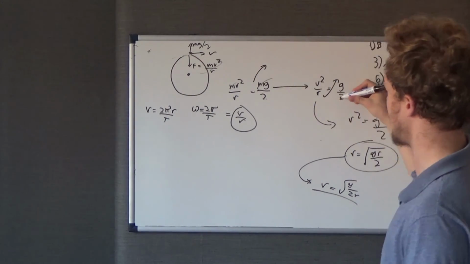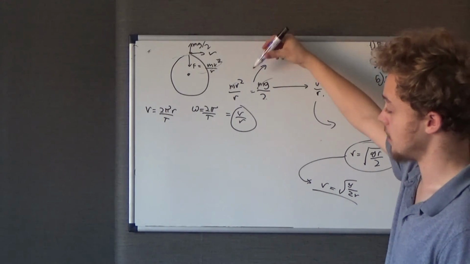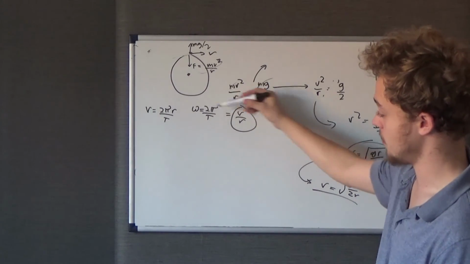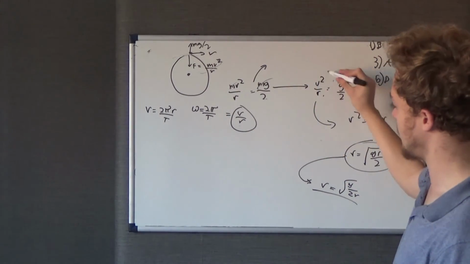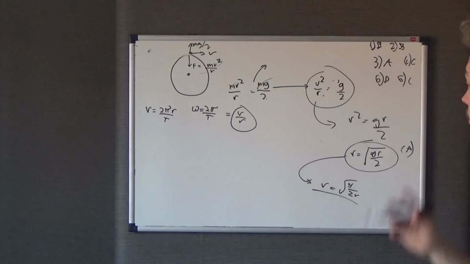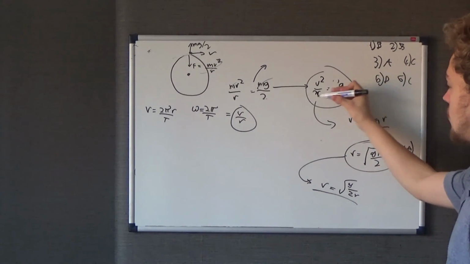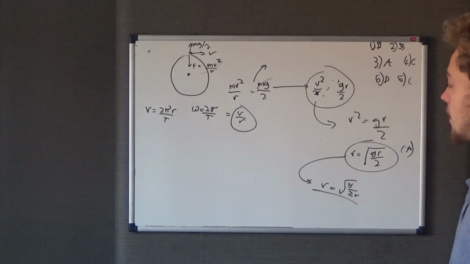So we've got v squared over r is equal to g over 2. And remember, the angular speed is equal to the velocity over the radius. So at this point, you could divide both sides by the radius. That would be divided by 2r, and that would be divided by r.